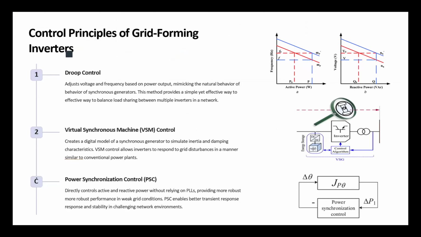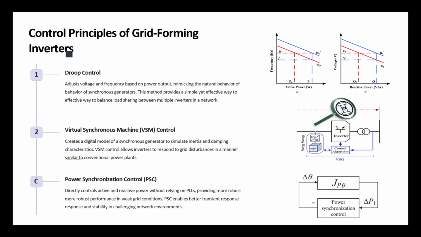Now, when we talked about the grid following inverters, we said the whole aspect of the grid following would basically get squeezed into how we control it. Because the power circuit is the H-bridge or multi-level inverter or whatever topology that you wanted to use, it doesn't change.